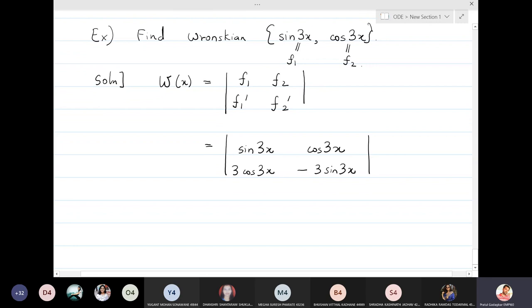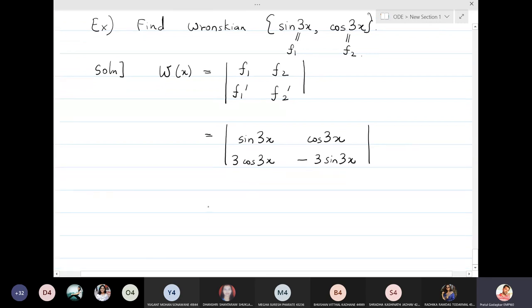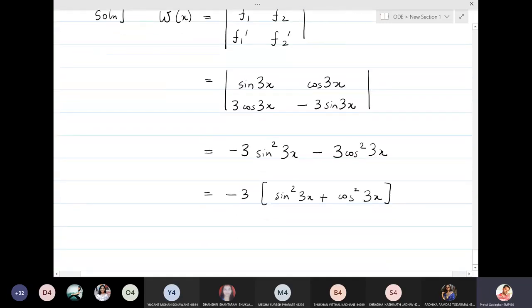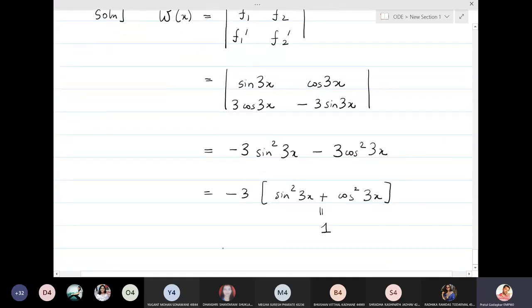When I take the determinant of this, it is minus 3 sine square 3x, then minus 3 cos square 3x, which is minus 3 times sine square theta plus cos square theta, which is 1. So I'm going to get minus 3.